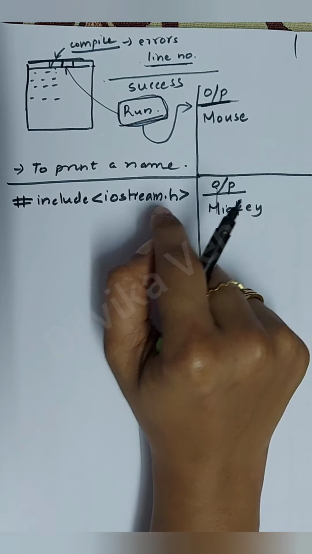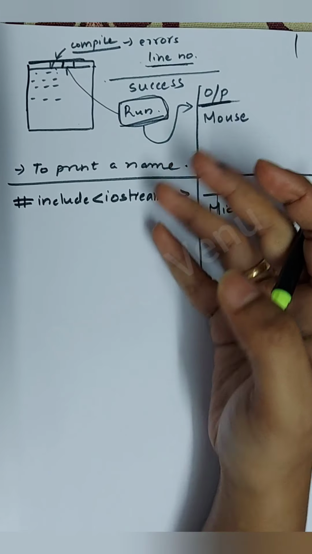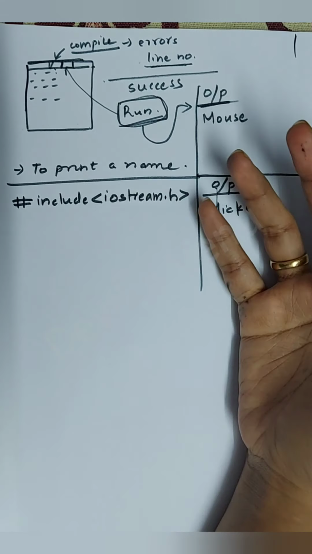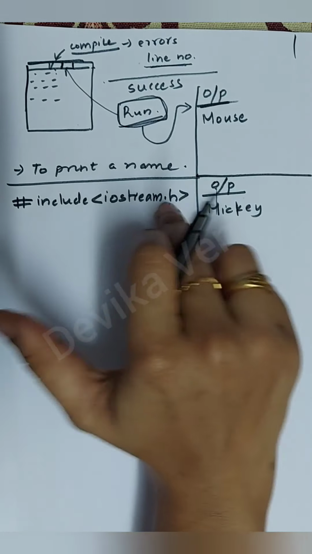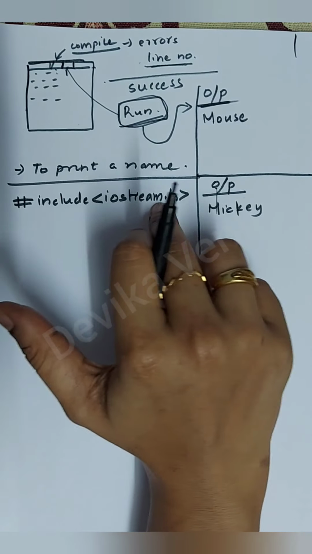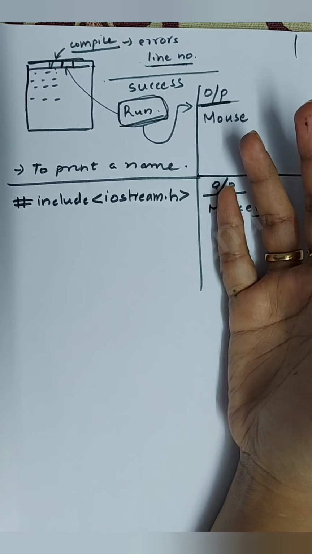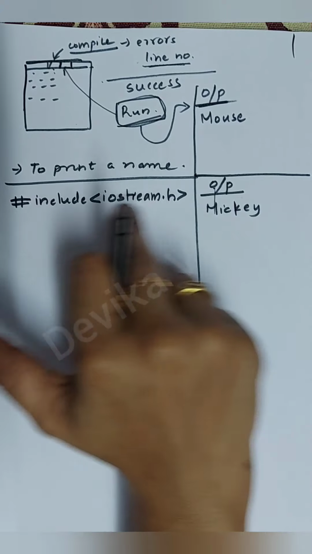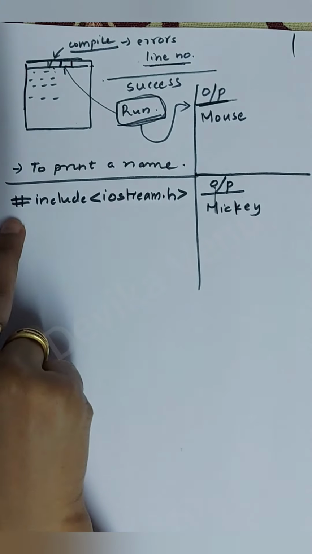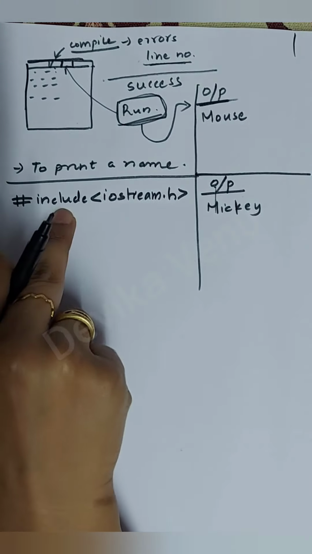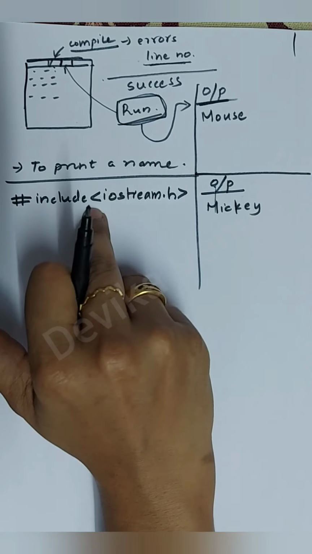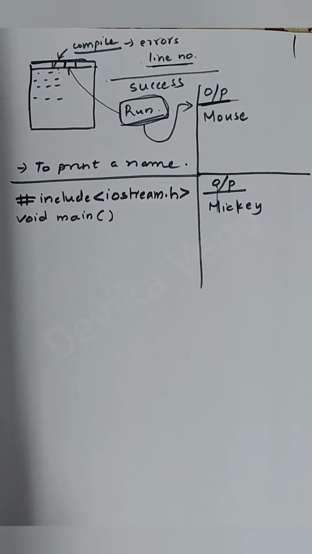So I can use whatever commands this platform already understands, which are inside this particular header file, in my program. For that, if I want to use the commands inside the iostream header file, I have to write #include, and inside the angular brackets, iostream.h.